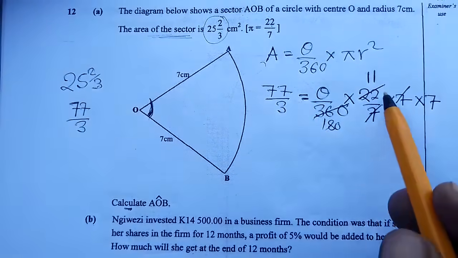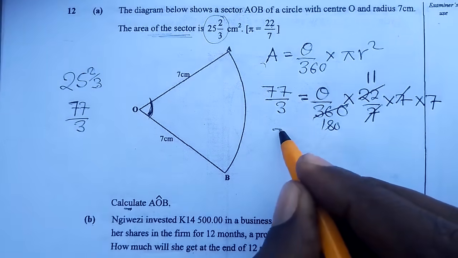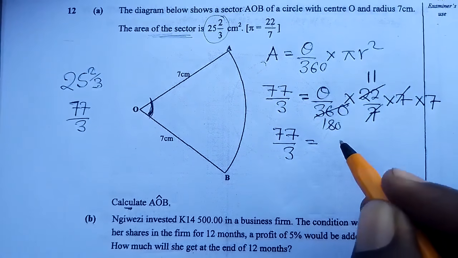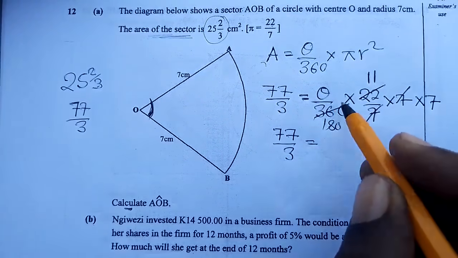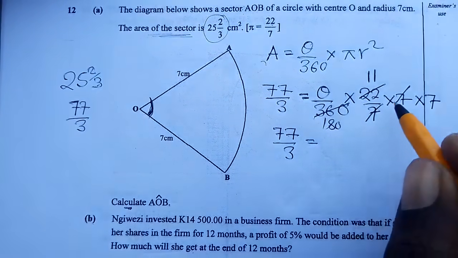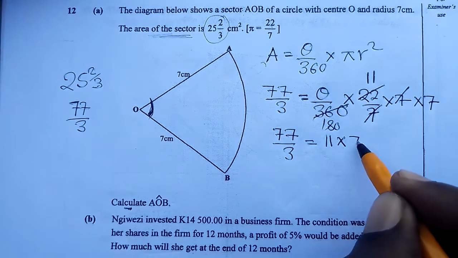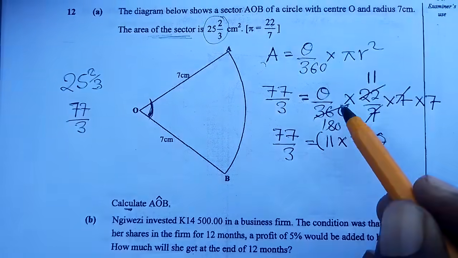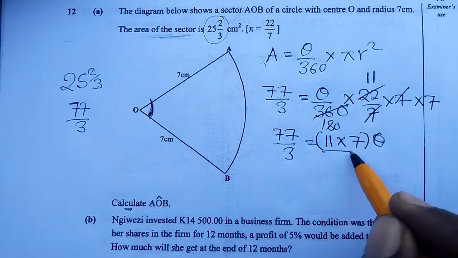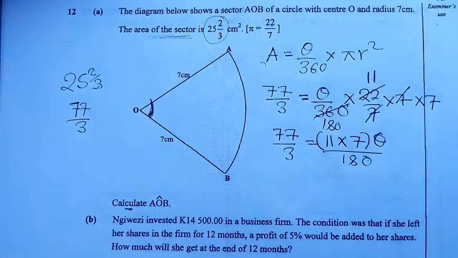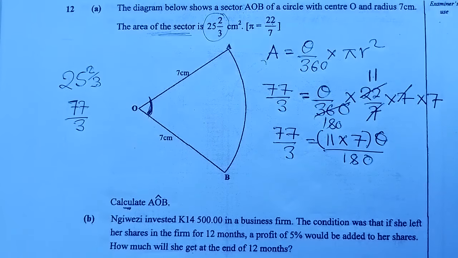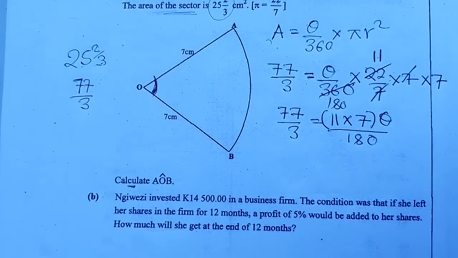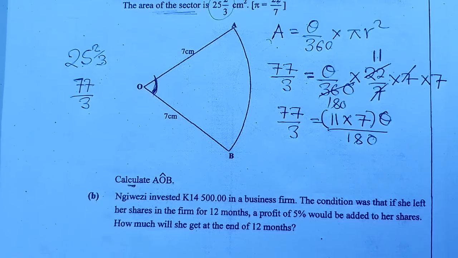So the numbers which have remained: 77 over 3 is equal to 11 times 7 on top, with theta outside, and down here I'm having 180. Then I multiply and work things out.